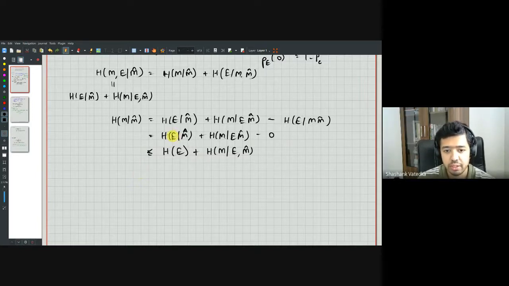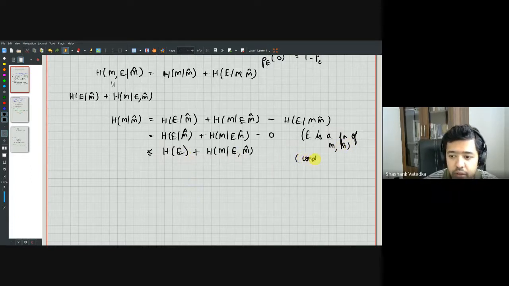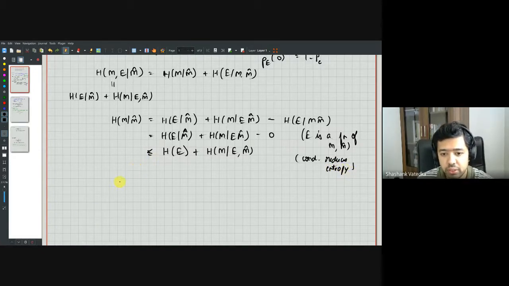So h of E given m hat can only be less than or equal to h of E. So the first step, I use the property that E is a function of m and m hat. In the second step, I'm using the fact that conditioning reduces entropy. So this is less than or equal to h of E plus h of m given E and m hat. Okay, fine.